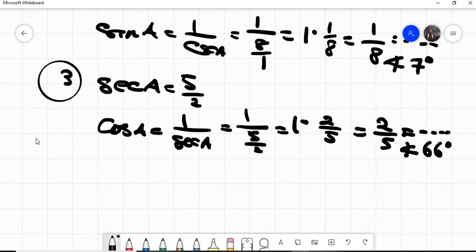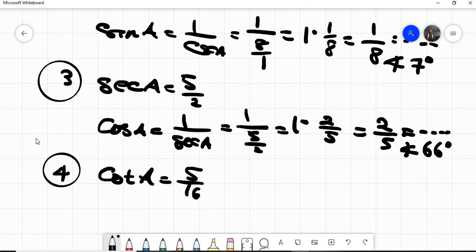Example 4: we are given cot A equals 5 over 16, and they ask us to find tan.